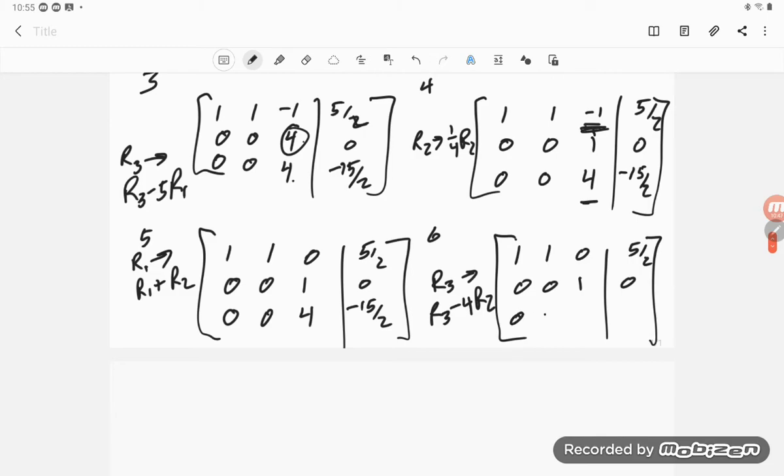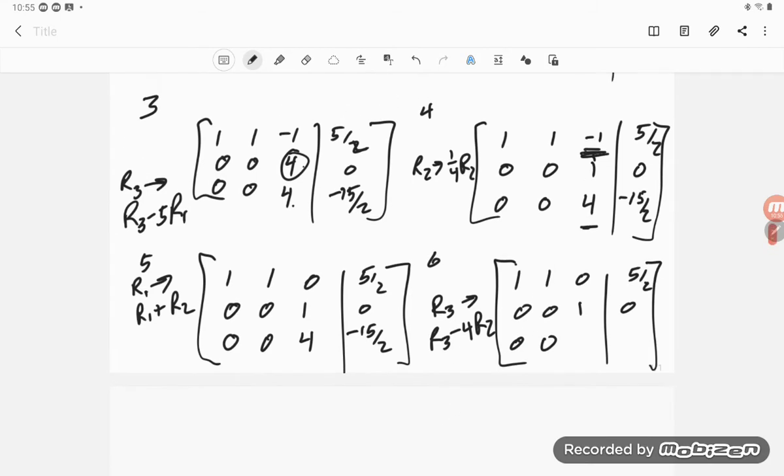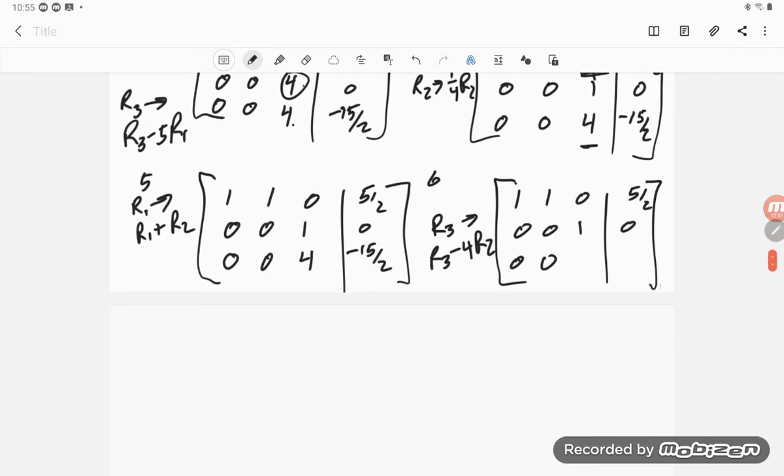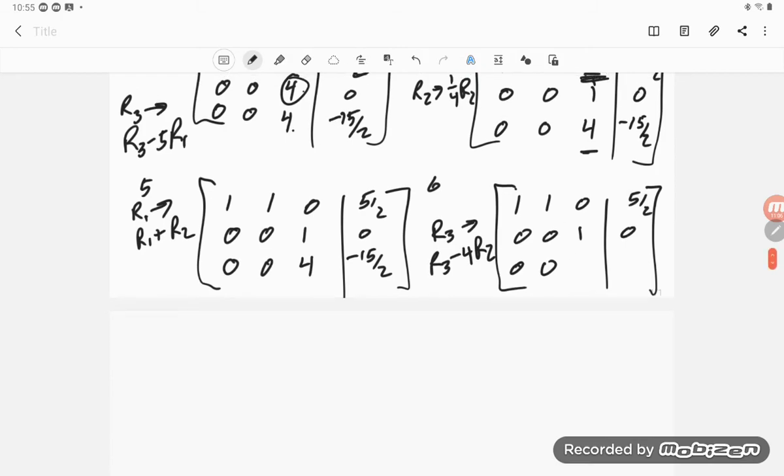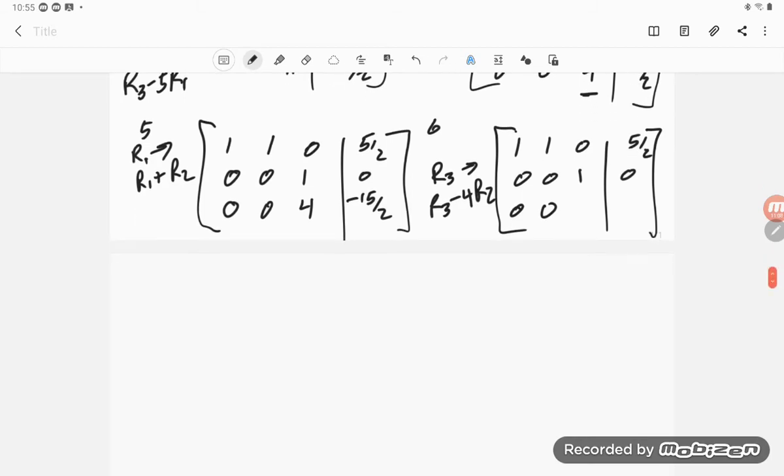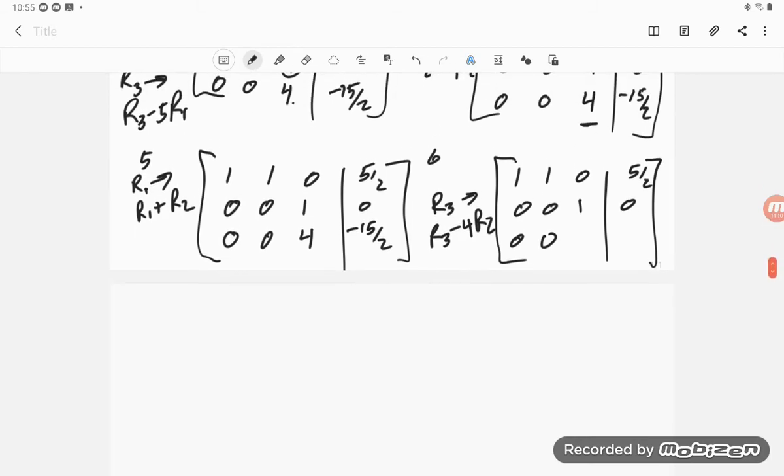And then here, 0, 0. And if you do this right, you never get fill-in of these zeros you already made over here on the left. You should only be changing things to the right of those columns you've already taken care of.